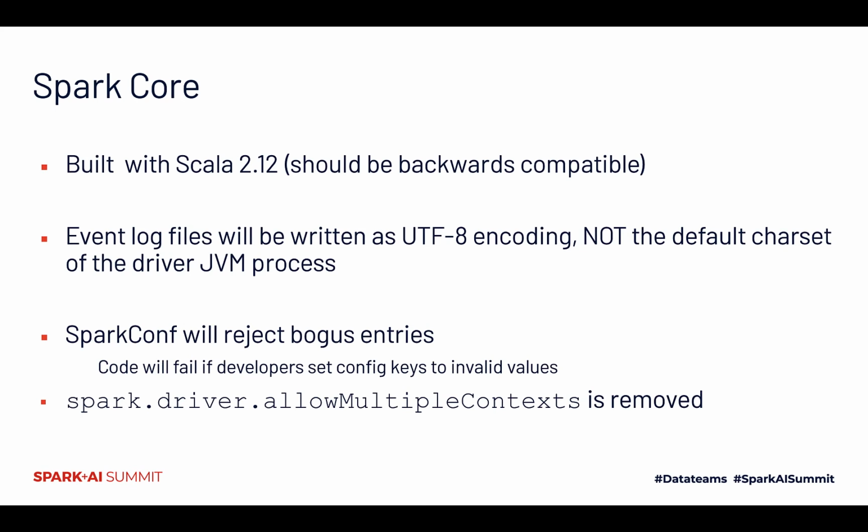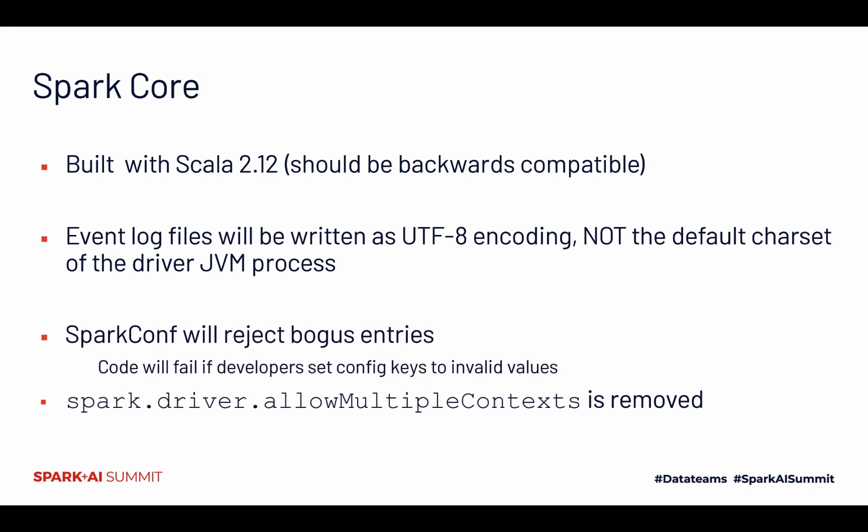Other changes: stricter enforcement of Spark configurations. Spark used to be somewhat forgiving. If you put invalid entries in your Spark configuration, for example you set keys to invalid values, sometimes Spark would ignore those invalid values and run anyway. Spark 3.0 is moving to a fail-fast mindset. If it reads an invalid entry in the configuration files, it will generate an error.